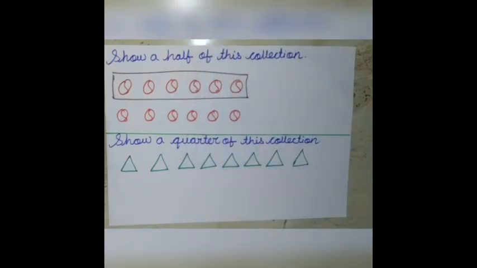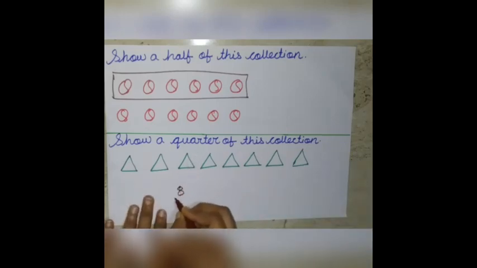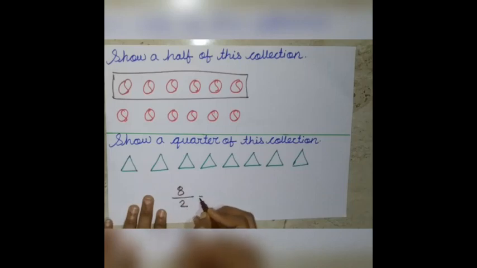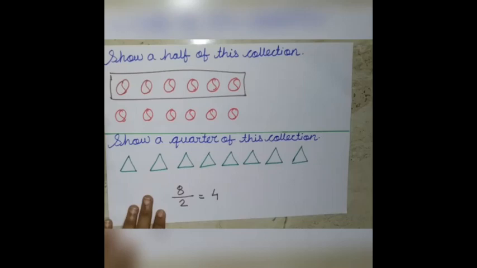Show a quarter of this collection. First, count the triangles. 1, 2, 3, 4, 5, 6, 7 and 8. Total 8 triangles are there. A quarter. Quarter means first we will calculate half of 8. Half of 8 is 4.